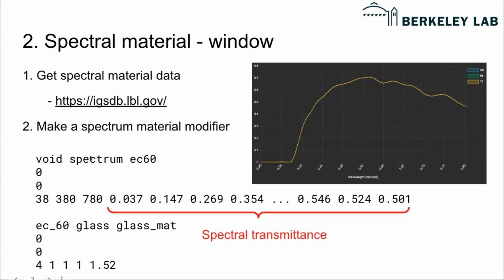Same thing as earlier, you build a spectral material type. Here is your spectrum going from 380 to 780, and here are the spectral transmittance values, and you put them in. Then you use this EC60 to modify the glass material.